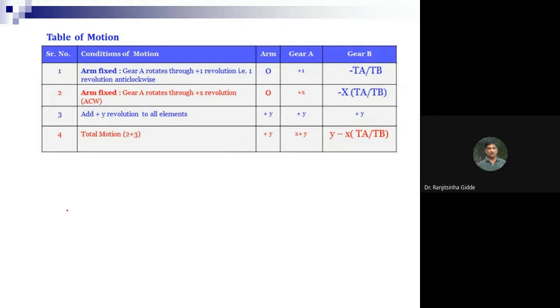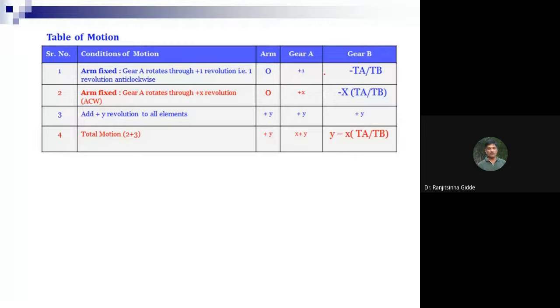If gear A, instead of being fixed, makes 300 rpm in the clockwise direction, what will be the speed of gear B? This is the second half of the problem.